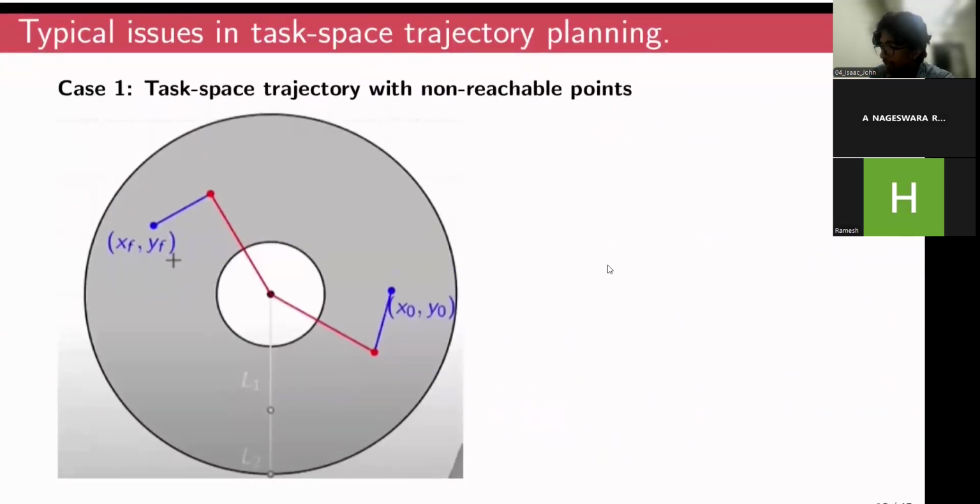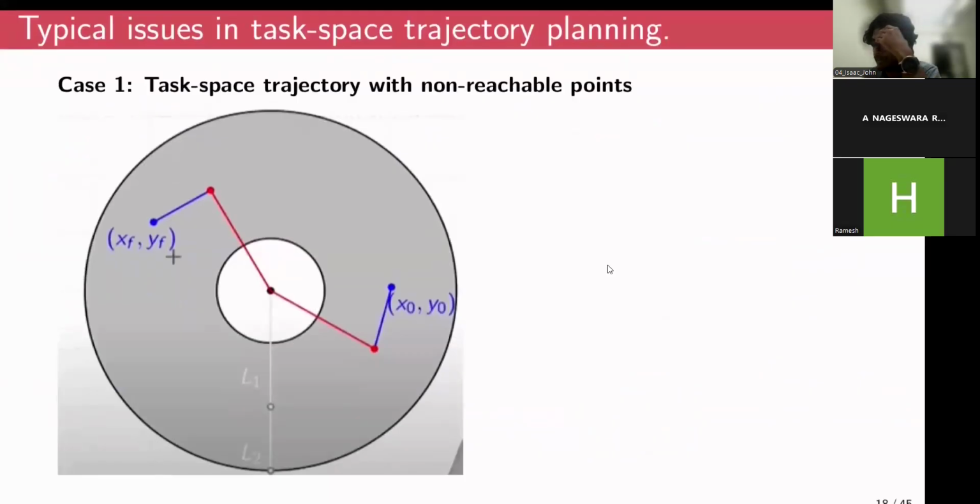So task space, again, as I was saying, is a bit trickier compared to joint space, due to the fact that if you plan trajectory in task space, it may try to take your robot manipulator outside the workspace. Maybe, for example, in case of this RR robot, something like this.